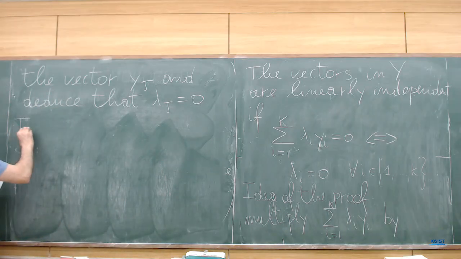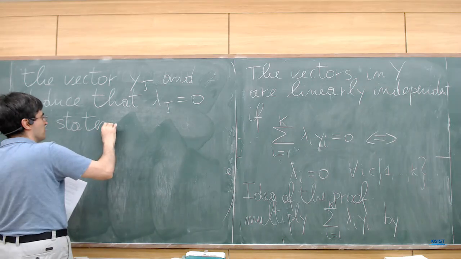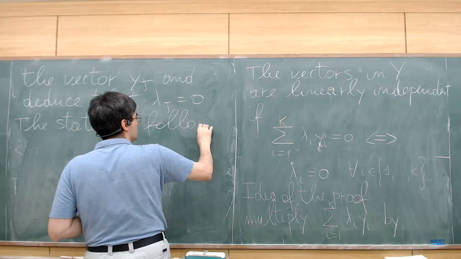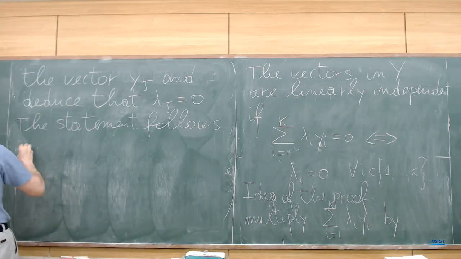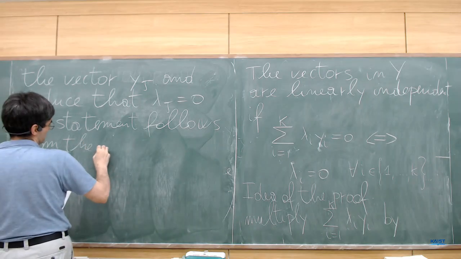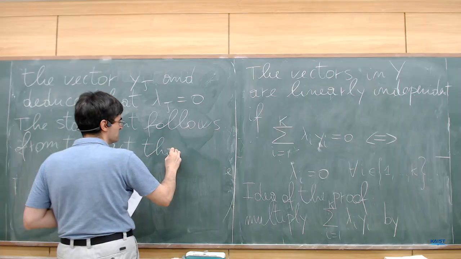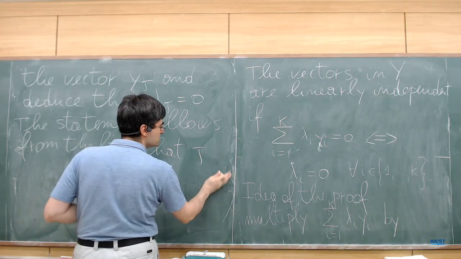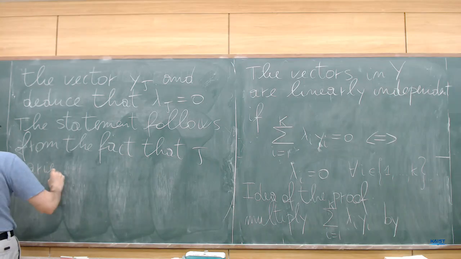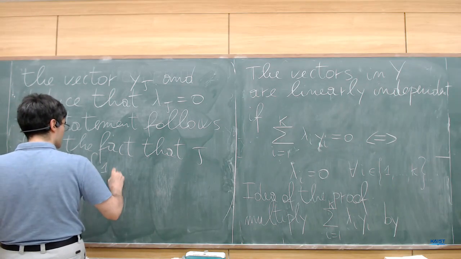The statement follows from the fact that j varies in the set of indices 1, 2, and so on.